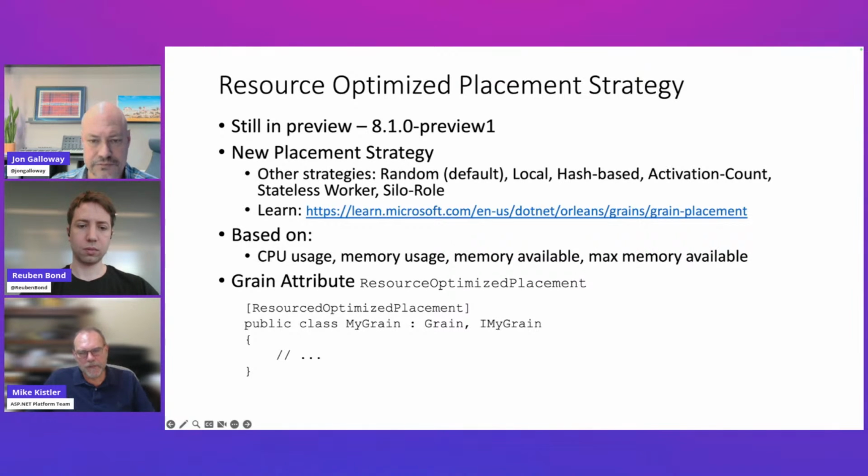There's a way that you can influence the weighting that's used on these statistics, and then to actually activate this, you just use the resource optimized placement attribute on your grain class to indicate that it should use this new placement strategy. Okay.